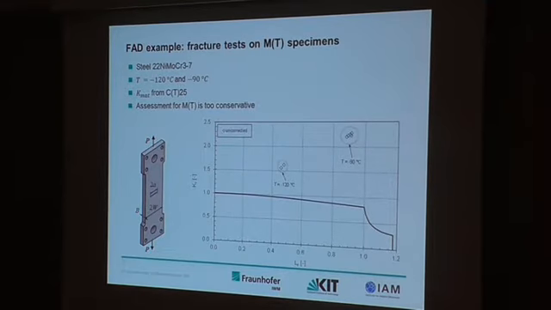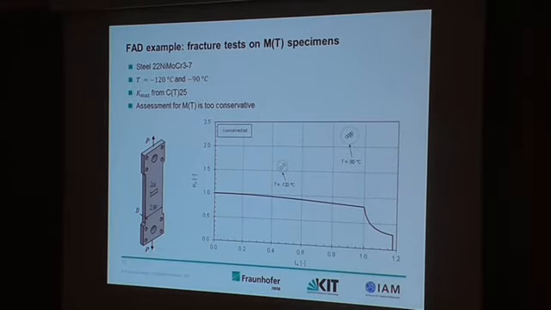So first we show how these results look in the failure assessment diagram. You see here altogether I think 7 or 8 specimens tested at 2 temperatures. And those which were tested at minus 120 degrees Celsius are on the conservative or safe side.